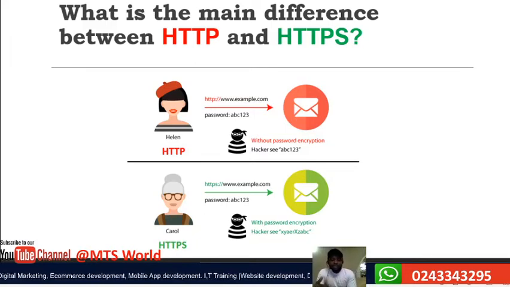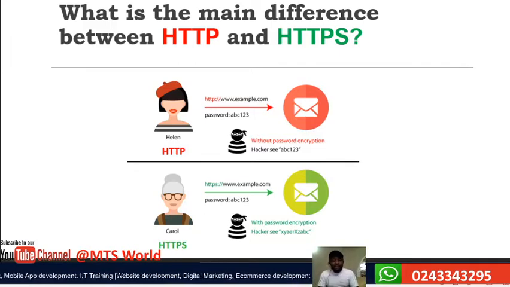But on the HTTPS side, when the site URL has the HTTPS protocol, if you enter the password ABC123, because of the SSL technology, it encrypts your password into different characters. It has encrypted ABC123 to something like XYAE.